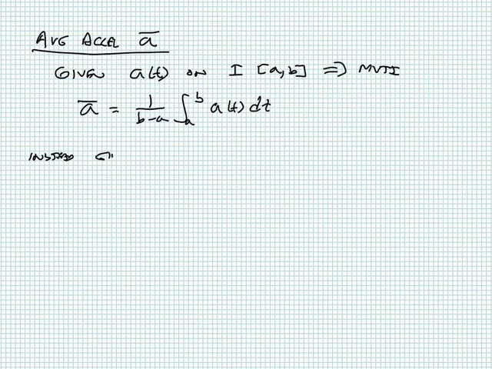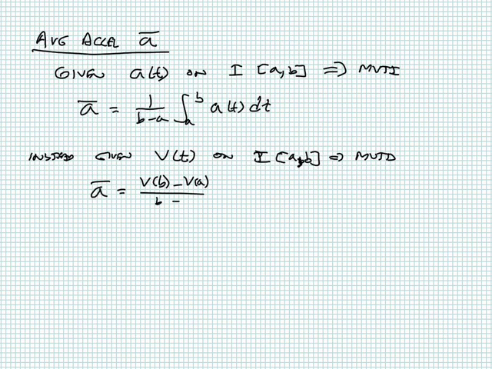But instead, if I'm given the velocity on the interval from a to b, then I would want to use the mean value theorem for derivatives. So then in that case, my average acceleration would be v of b minus v of a all over b minus a.